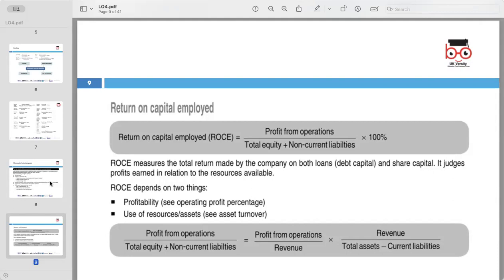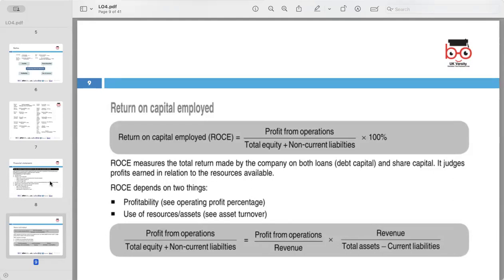ROCE indicates the overall return generated by the company on both debt and equity capital. So it measures the effectiveness of utilizing available resources to generate profits.